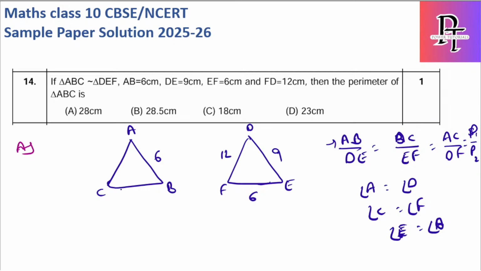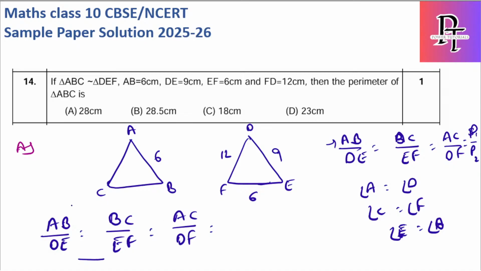So for this I have AB by DE is equal to BC by EF is equal to AC by DF. Let's use these two, and then these two, because we have the AB value. Let's use the first one: AB by DE is equal to BC by EF.